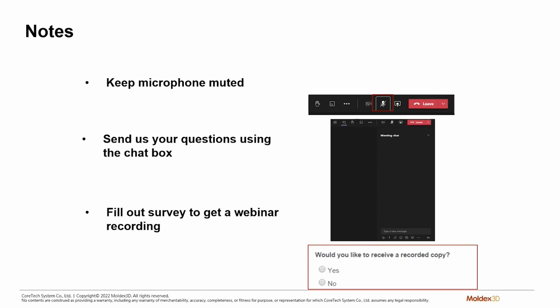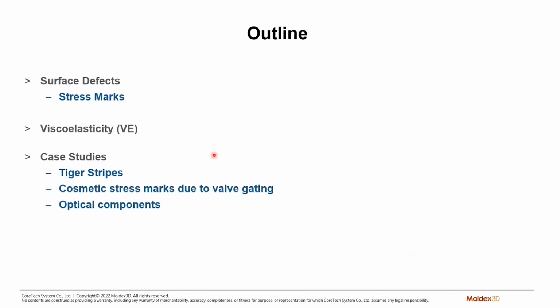With that said, let's dive into the topic. Here's a brief outline of what we're going to be looking at today. The topic says surface defects, so we're going to briefly take a look at what the different kinds of surface defects are for injection molded parts. Where do stress marks come into play?